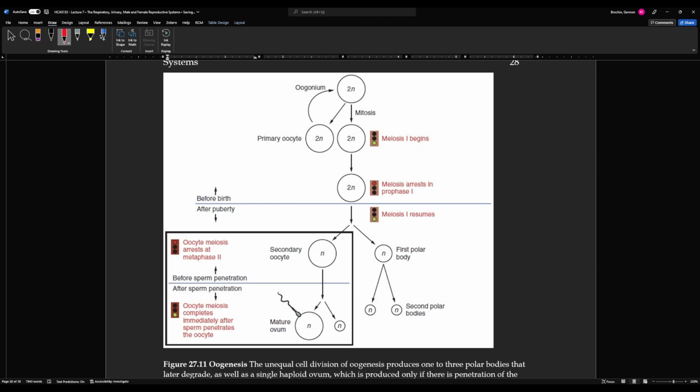So what you're going to see here, there was already a diagram of this before about spermatocytes, but the same concept applies with oocytes or eggs.